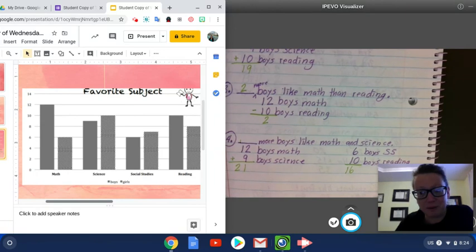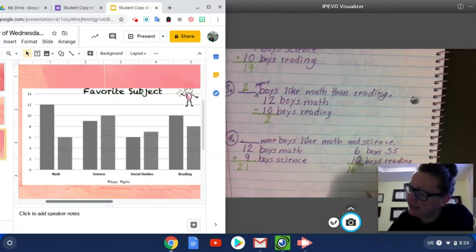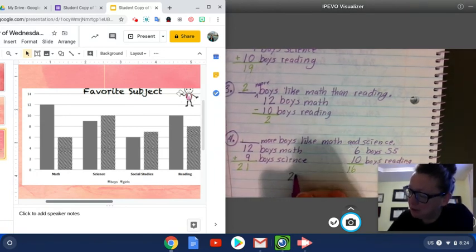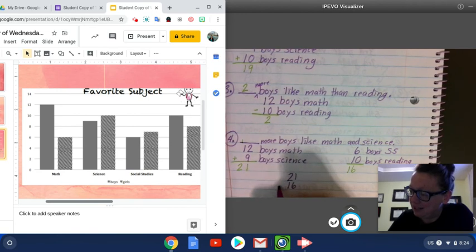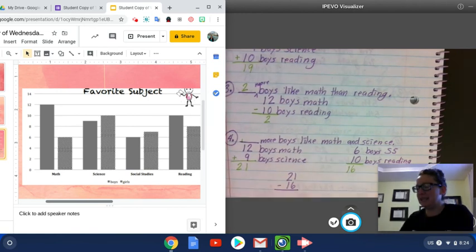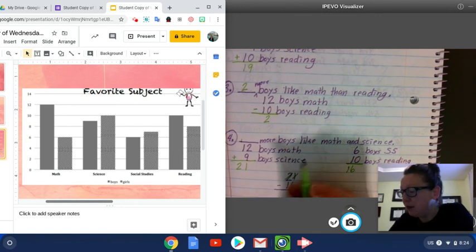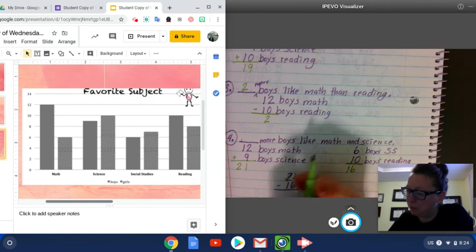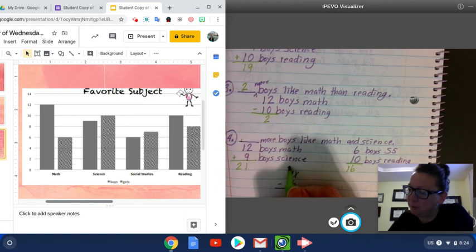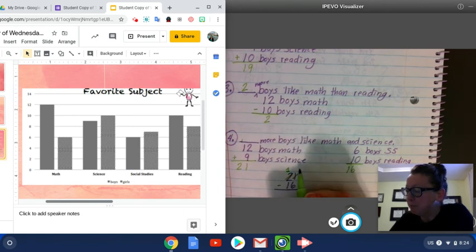What do I need to do? Great job. I need to take these two numbers and subtract them. I can't take 6 from 1, so I need to make some ones. So I'm going to take one of those 10s. So now I'm only going to have 1 10.